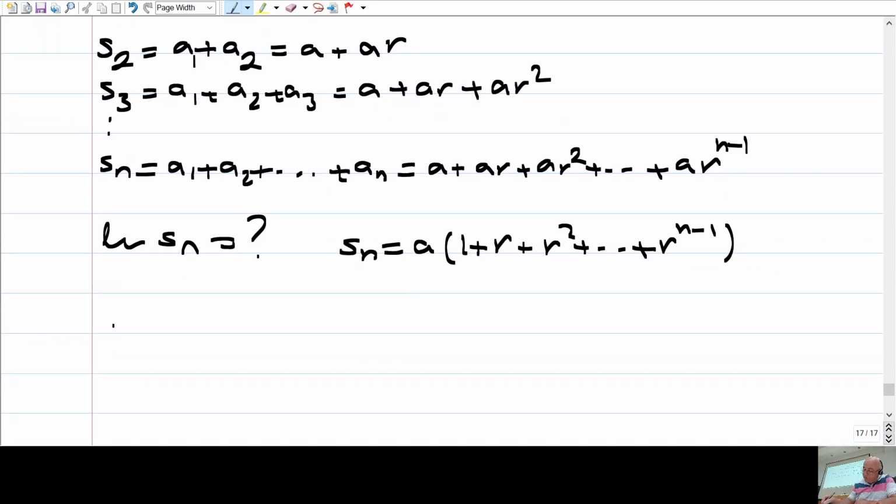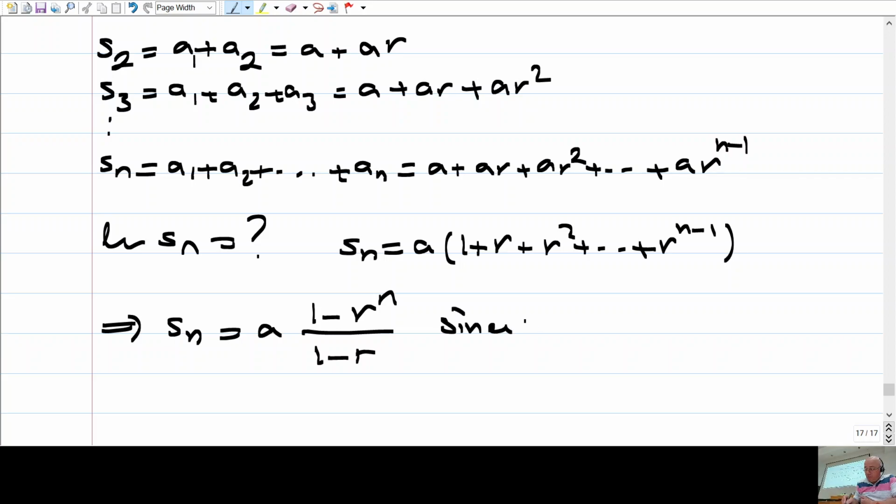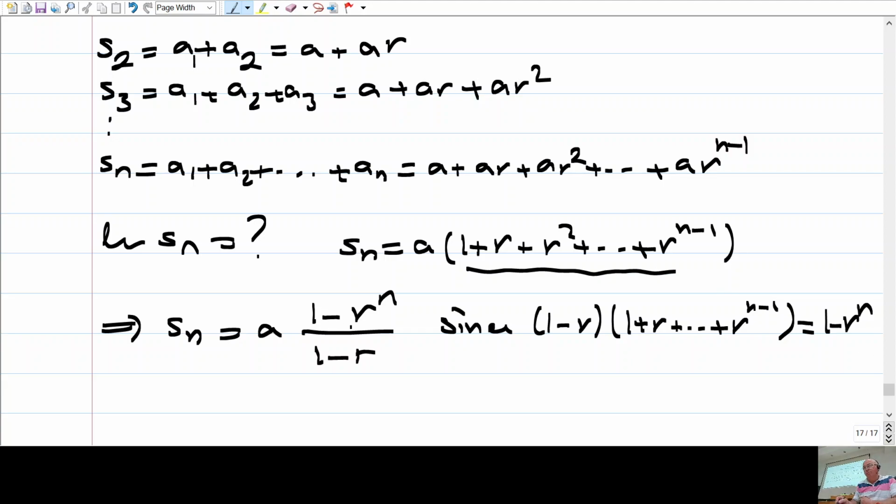And this is just 1 minus r to the power n divided by 1 minus r. Why is that? Since 1 minus r times 1 plus r up to r to the power n minus 1 is just 1 minus r to the power n. Just multiply this out, you will get this, okay? So instead of this expression, I can write 1 minus r to the power n divided by 1 minus r.